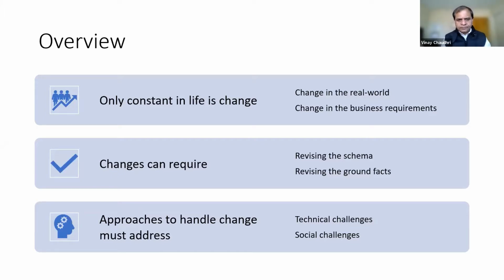And as we address those changes, we have to keep in mind both technical issues as well as social issues. By technical issues, I mean we need some algorithmic techniques using which we could apply the changes to the knowledge graph. But because a knowledge graph is a piece of software, and it is used by end users as well as by software developers, there are also social issues.